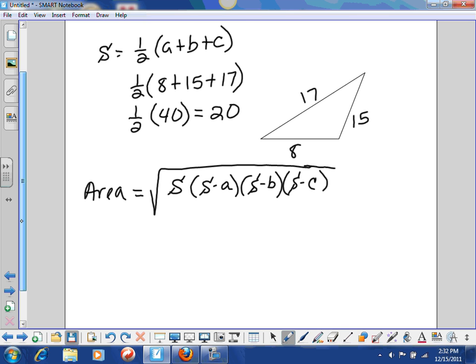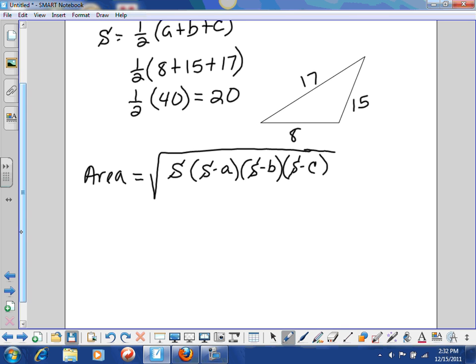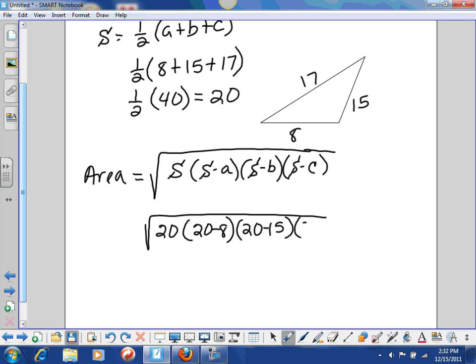All right, so let's put our numbers in. So the area is the square root of 20 times 20 minus 8 times 20 minus 15 times 20 minus 17.